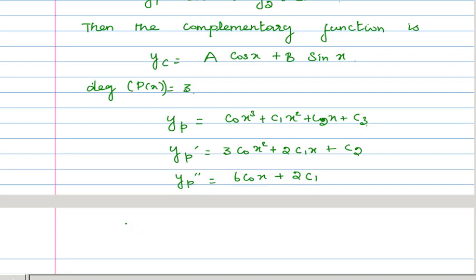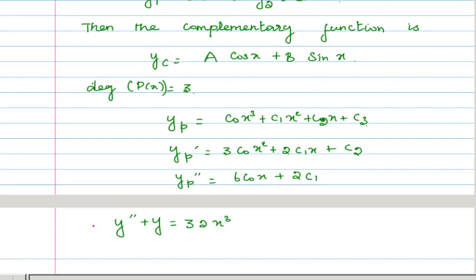Our given equation is y double prime plus y equal to 32 times x cube.